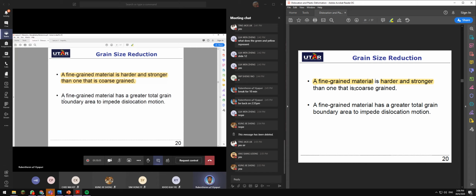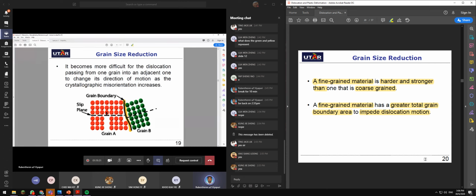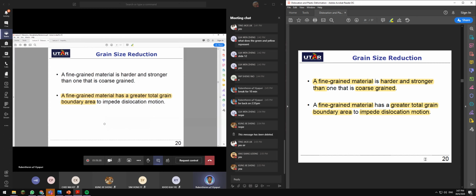This is because a fine grain material has a greater total grain boundary area to impede dislocation movement. All right, the key phrase is: a fine grain material has greater total grain boundary area. So the grain boundary area is a lot in a finer grain size, which is fine.